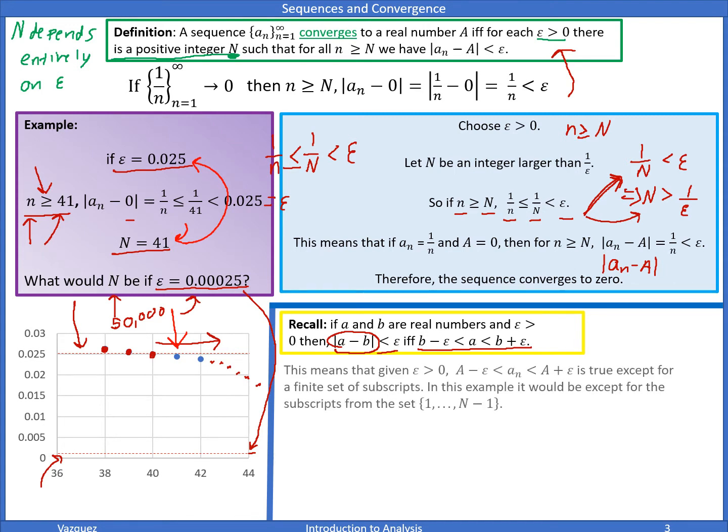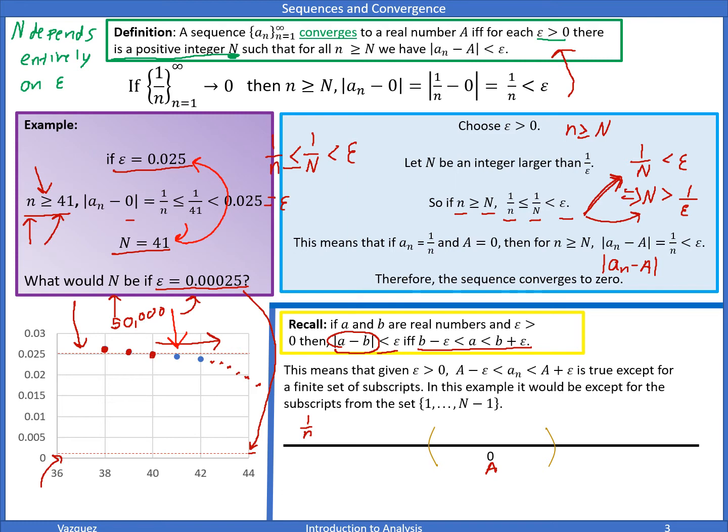Right? So this means, actually, let me see if I have a picture. Here it is. This means that if we're given any epsilon greater than 0, I'm going to just name this a, as we had the example 1 over n, our a there was 0, our limit point.